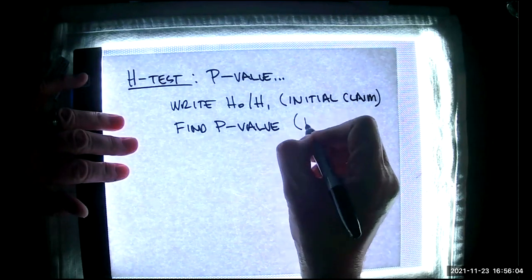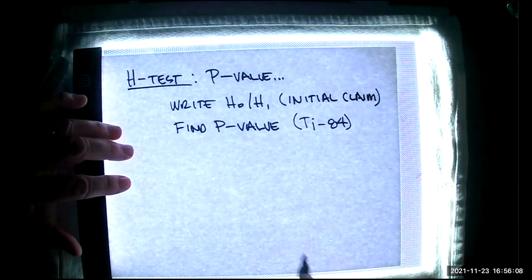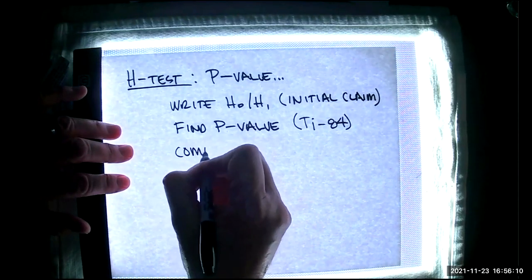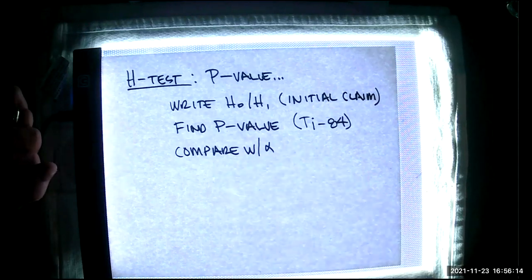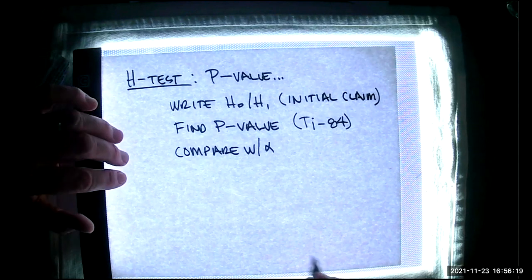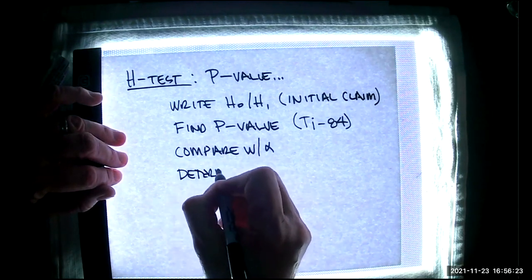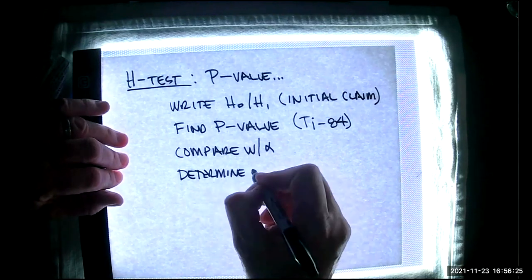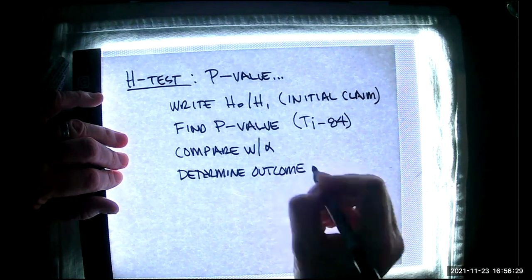That's where we'll use our TI-84. Then I compare that with alpha. That's my rule there. Once I do that, I can determine the outcome of my test, reject or fail to reject.